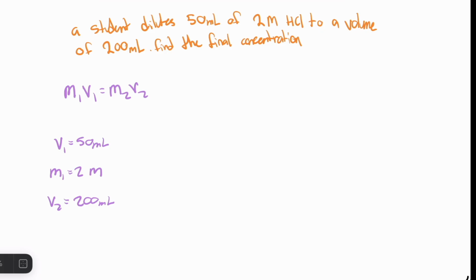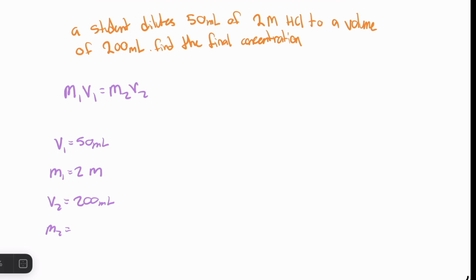Find the final concentration. So we are not given M2. In order to solve these problems, you are always explicitly given or have the information to find 3 out of the 4 variables. Here they just gave it to us explicitly. So we can either plug this directly into the equation, or what might make it more straightforward is, while they're still variables, we just rearrange them to solve for M2.